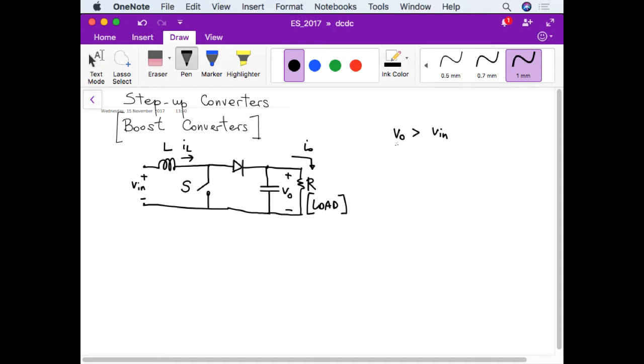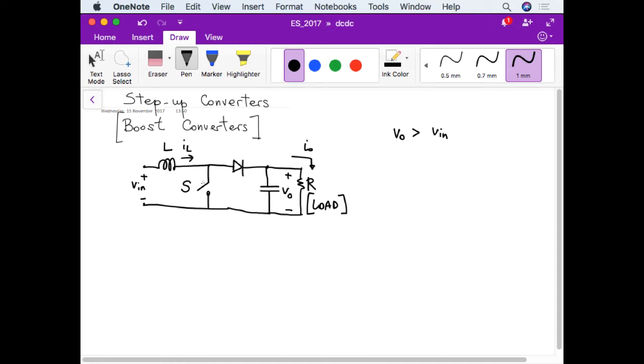This is the main point. So of course the switch can be on or it can be off. Let us grasp the behavior of the converter.